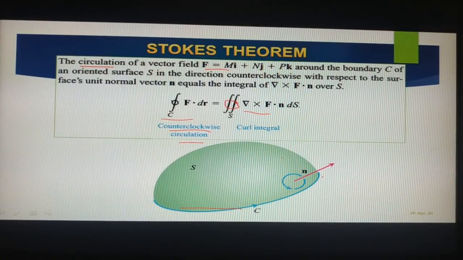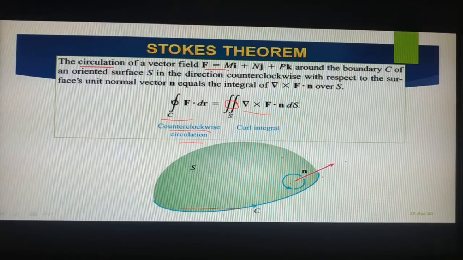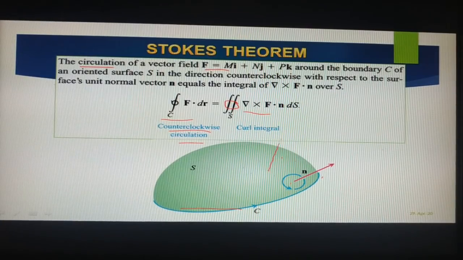It may be parallel to the xy plane, or the yz plane or zx plane, or sometimes, see here, when I took some point here and I am curling, it is in some other direction. It is not projected on xy or yz or zx. So everywhere there may be some unit normal vector.